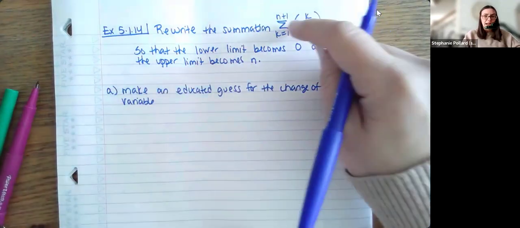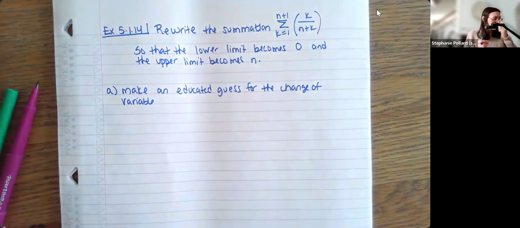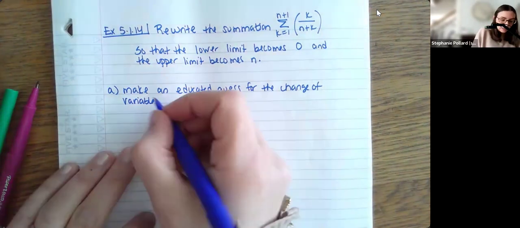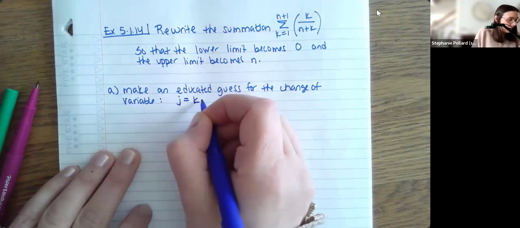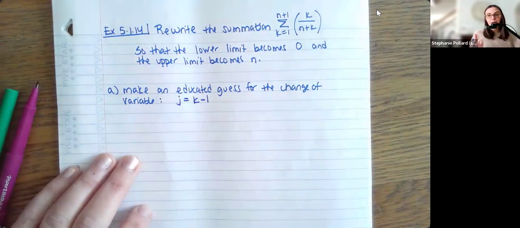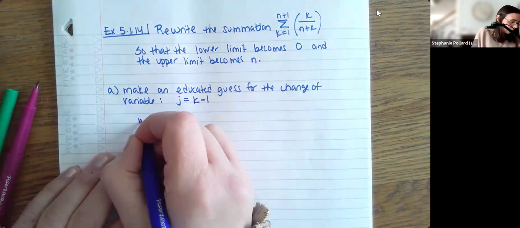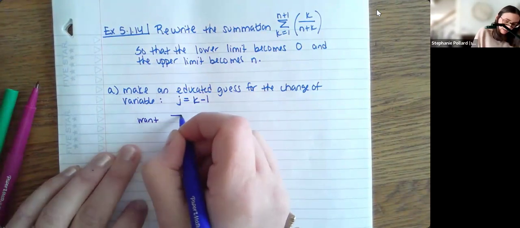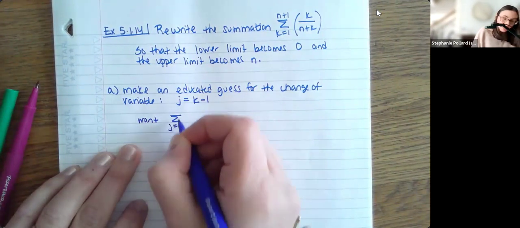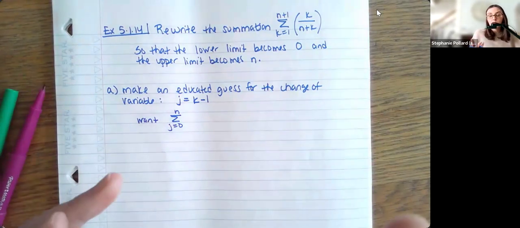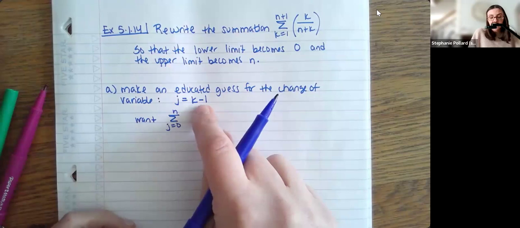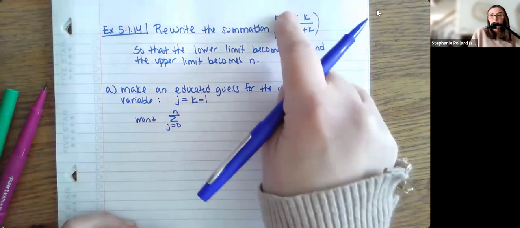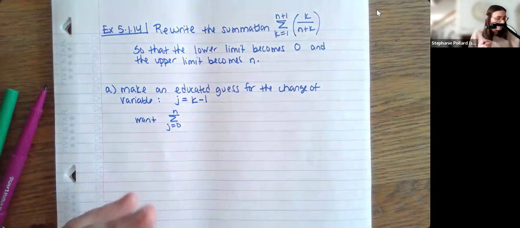So I'm basically subtracting 1 from those two things, right? So an educated guess here could be, let's let our new variable j be k minus 1 instead. Because what we want is something like j goes from 0 to n. That's really what I'm looking for. I want my new bounds to be 0 to n here. So my educated guess is that if I subtract 1 from k, that seems to shift the bounds how I want.